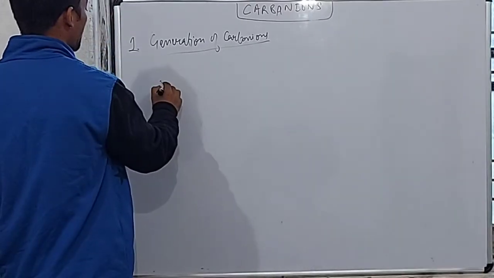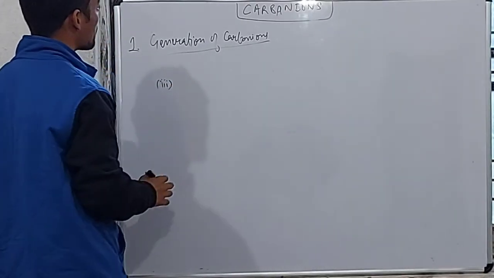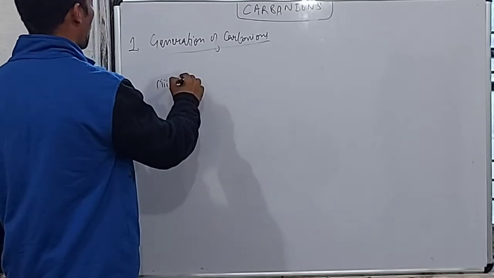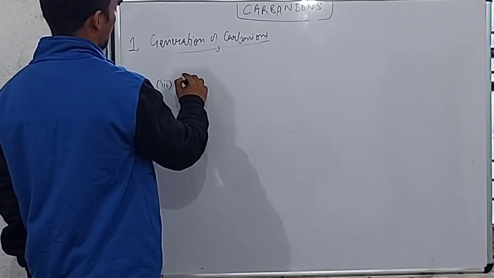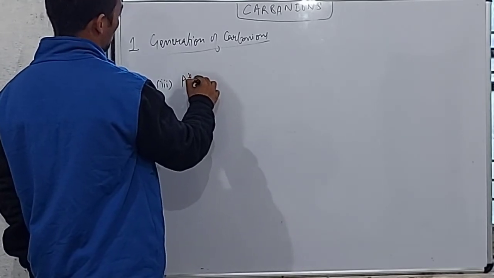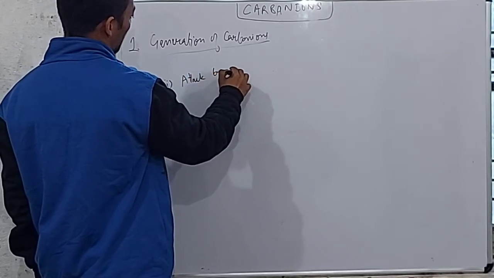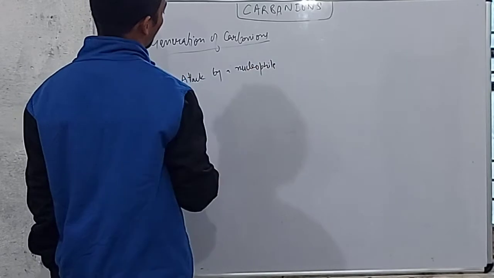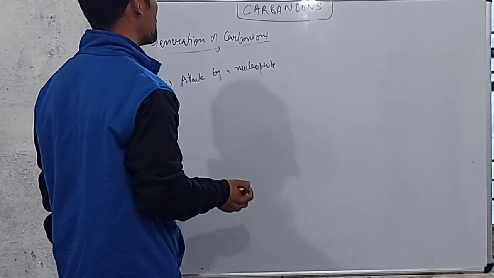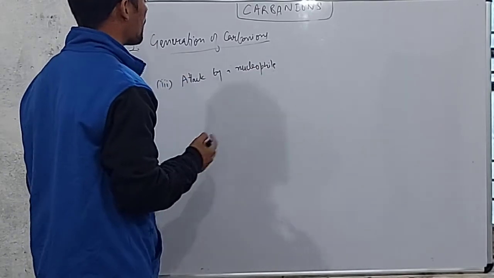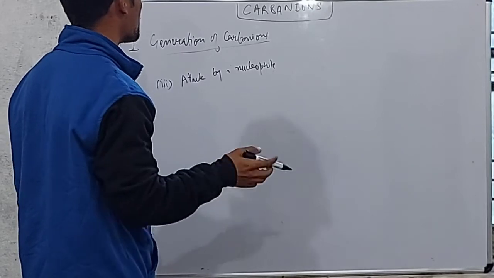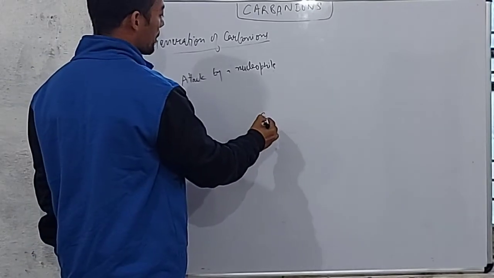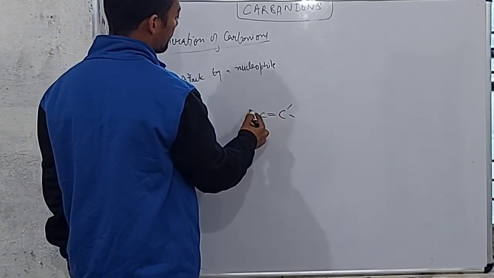Our third method is attack by a nucleophile. As you know, a nucleophile is a species which is trying to find the nucleus or positive charge. So how will it work? Suppose we have an alkene.